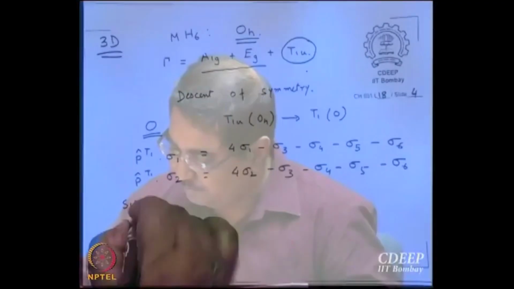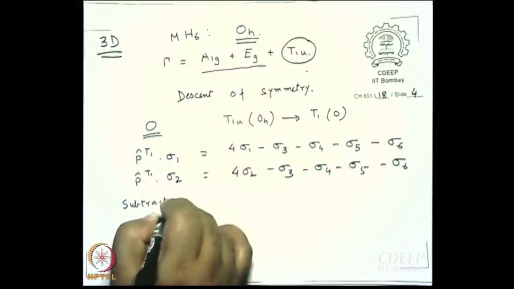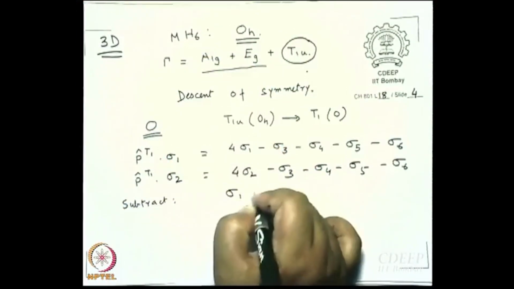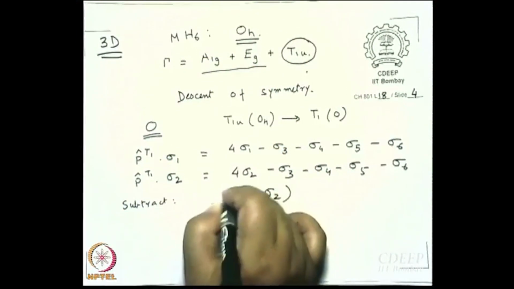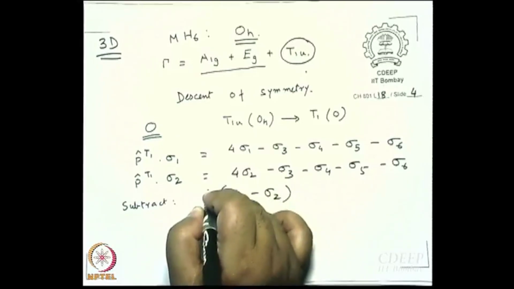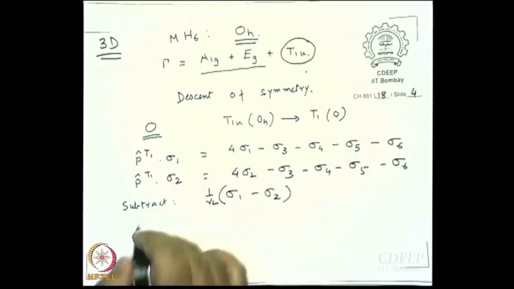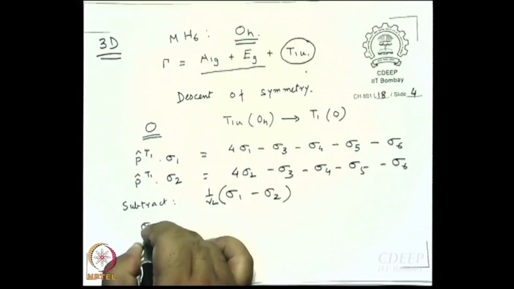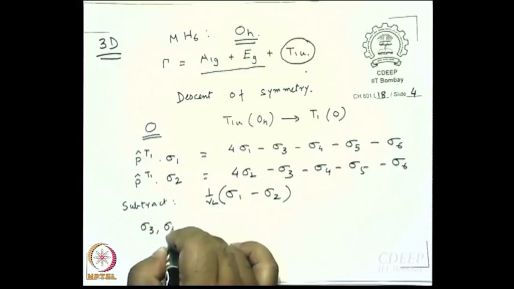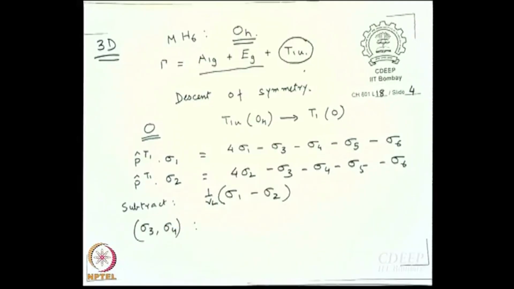What do I get if I subtract one from the other? I get sigma 1 minus sigma 2. What would be the normalization constant? 1 by root 2. Now, you try doing this same operation with sigma 3 and sigma 4. You want to guess what you will get?